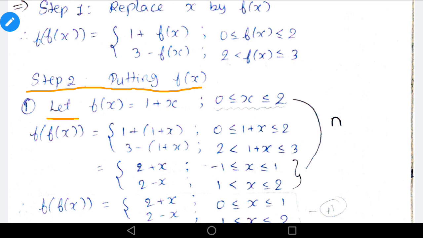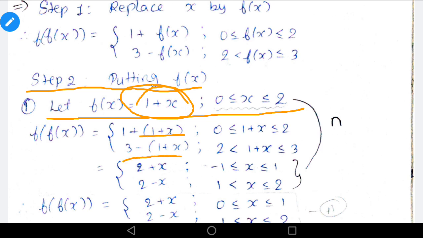First, let f of x be equal to 1 plus x, where x is less than or equal to 2 and greater than or equal to 0. If we substitute the value of f of x, we get 1 plus 1 plus x and 3 minus 1 plus x. Here also, instead of f of x, we substitute 1 plus x.